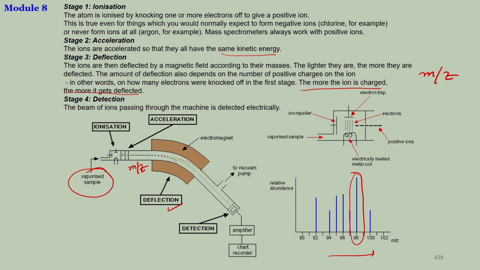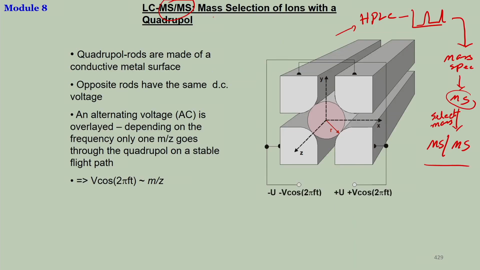Both have the same mass, so you cannot fine-tune the structure. So, you can pick 98 because you know that molecule will exist here, select that mass, and that line will be further fragmented. From here you can find out whether you have the desired isomer you are looking for.